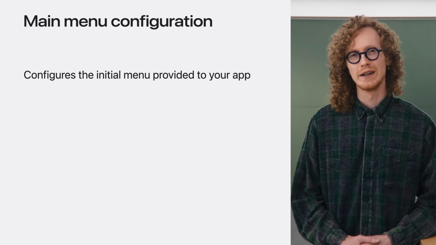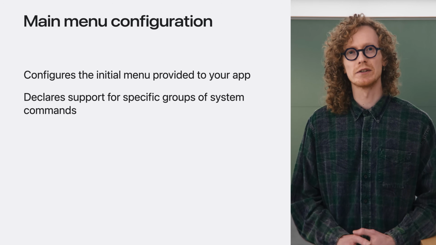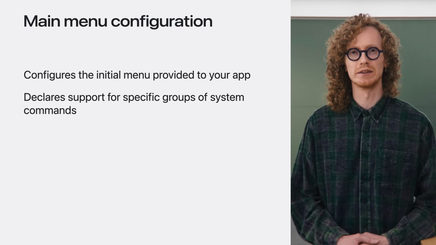Apps still use UI Menu Builder to customize their main menus. And in iOS 26, UIKit is introducing several new APIs to build even better menu bars. I'll start with the main menu system configuration. This API allows apps to customize which system commands are initially provided in the main menu. When you use the configuration API, your app is opted into additional pre-made localized menu elements, like the new command to toggle inspectors.